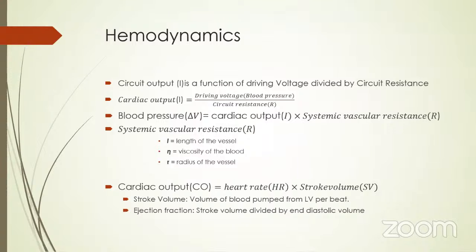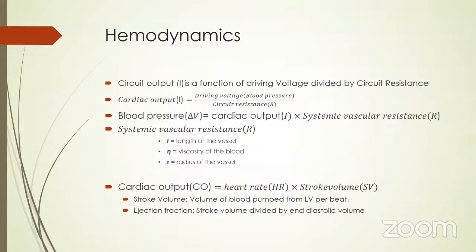Cardiac output, the same as circuit output, equals driving voltage, which is blood pressure in our case, divided by circuit resistance, in our case the systemic vascular resistance. Blood pressure also equals cardiac output multiplied by vascular resistance.